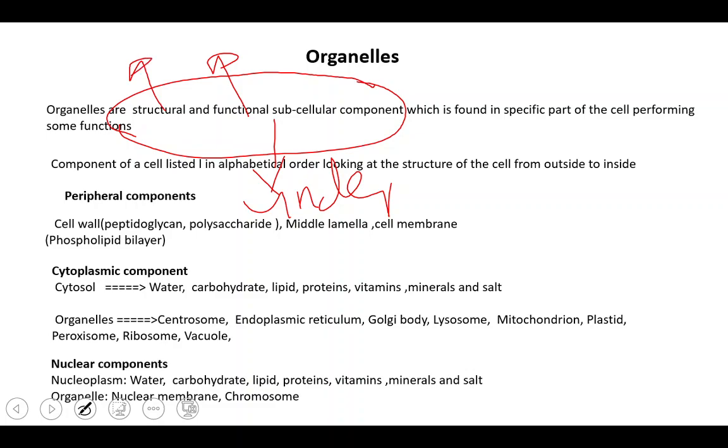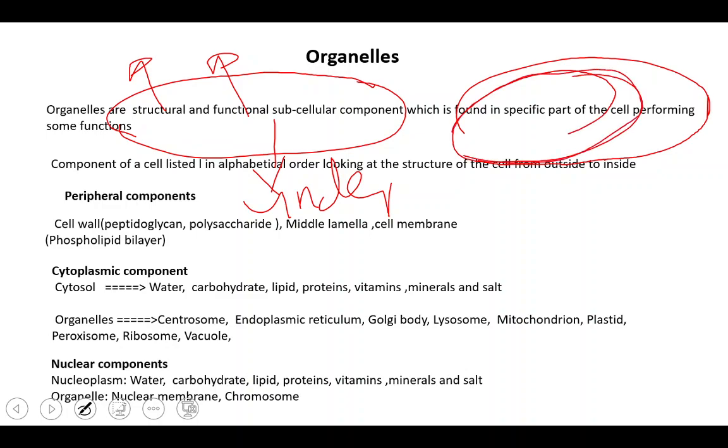Therefore, if you remove all the organelles in a cell, it will no longer function, and its structure will be destroyed. So organelles are structural and functional subcellular components. Phrase number two: they are found in specific parts of the cell. The last one, phrase number three, is that they perform some functions.